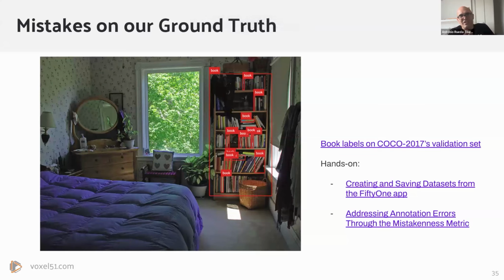What are the iffy things that you find in this particular data point? You see that we have a bookshelf labeled as a book. Then we have these individual books. Several of them are labeled, but most of them are not. And then we have these big chunks that correspond to several books also being labeled as a single book.